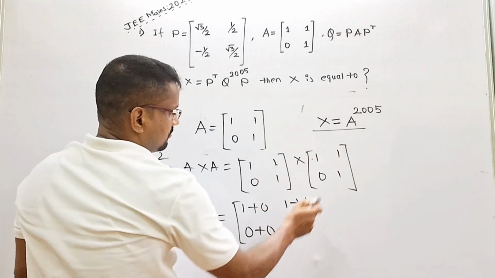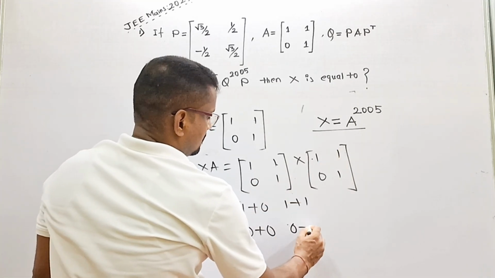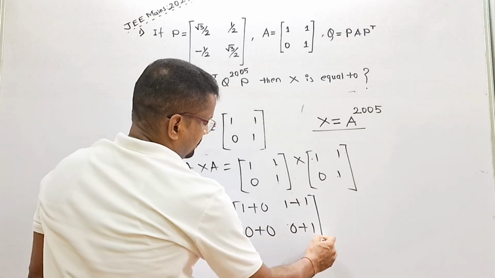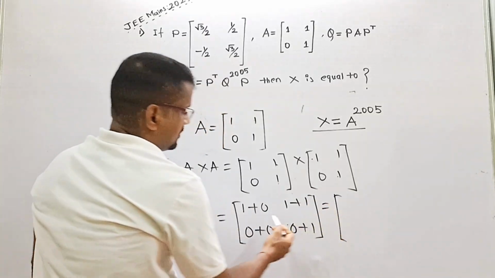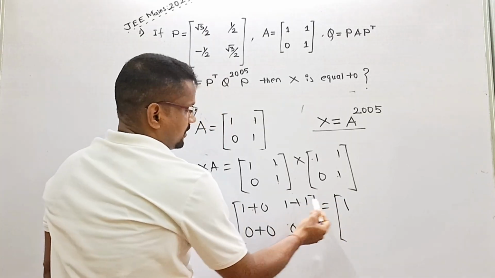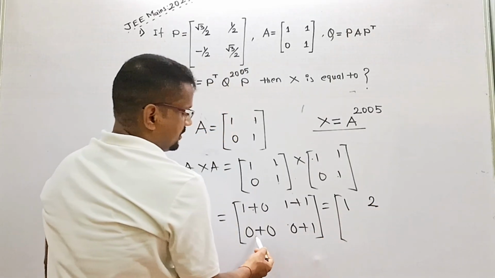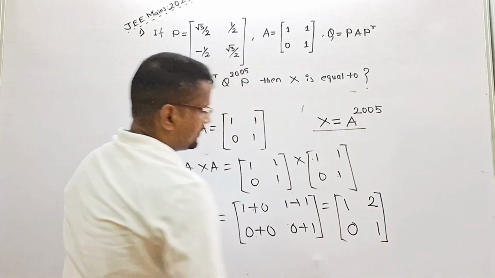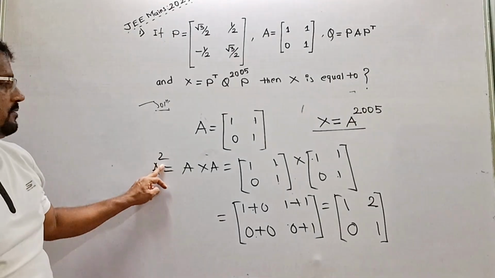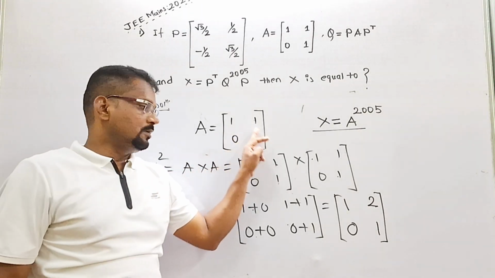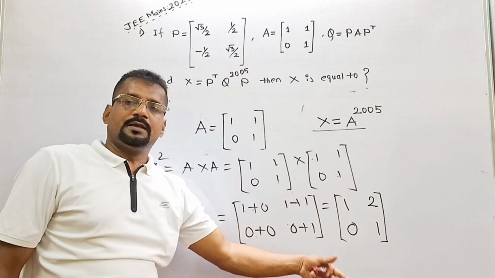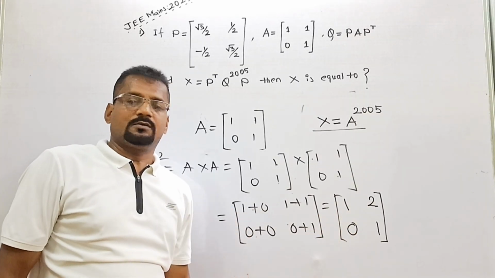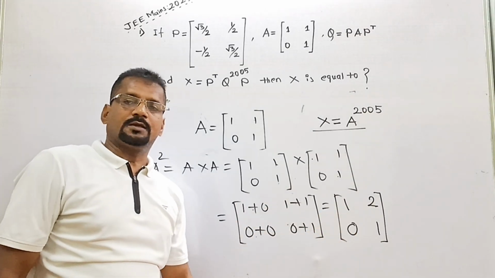This with second column, that will be 0 plus 1, 1 into 1, that will be 1. So what value do you obtain? 1, 2, 0 and 1. So I told you that if you take A square, only here 2 will come. And if you multiply again A square into A, then you will see the entry will be 3 here.